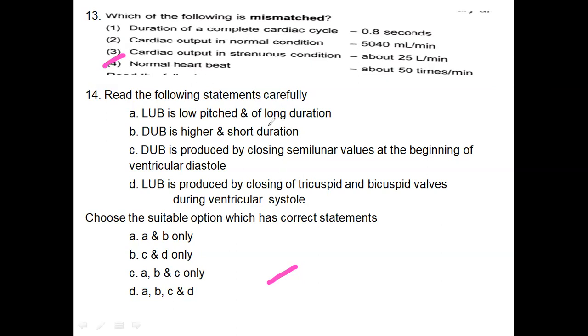Read the following statement carefully. Lub is low pitch of long duration. Dub is higher, shorter duration. Dub is produced by closure of semilunar valves at the beginning of ventricular diastole. Lub is produced by closure of tricuspid and bicuspid valve during ventricular systole. Choose the suitable option which has correct statements.